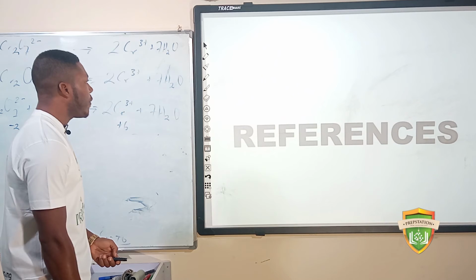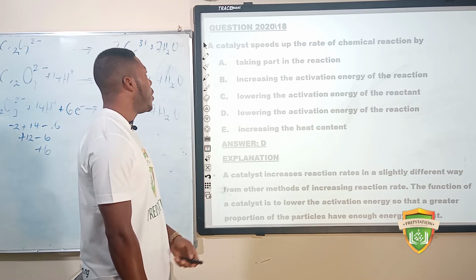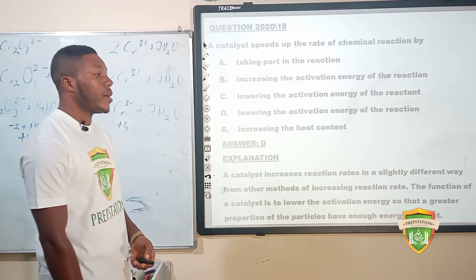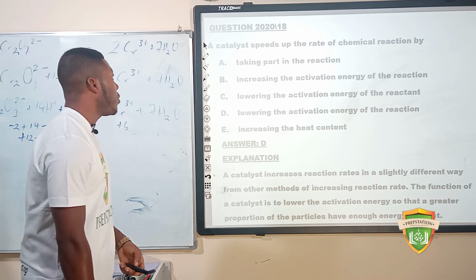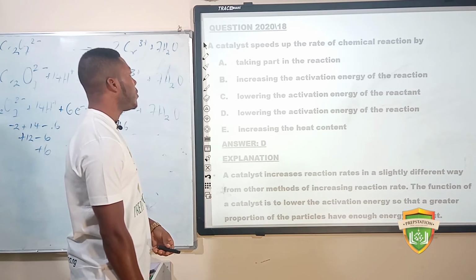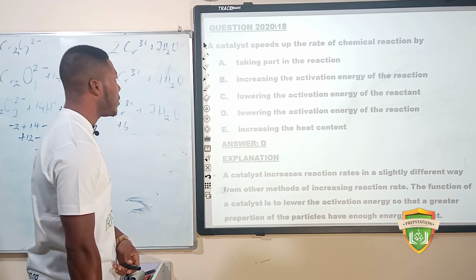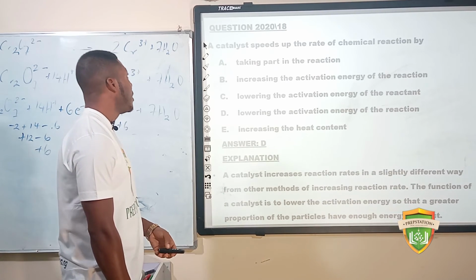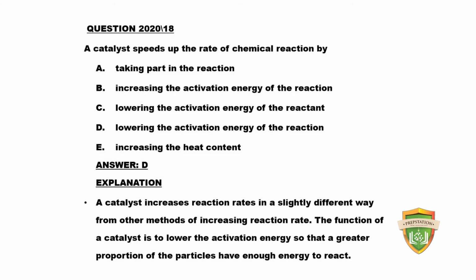Okay, let's look at a few questions under this topic and see how we can answer them. If we check JAMB question number 18 from year 2020, that was last year: a catalyst speeds up the rate of a chemical reaction by A, taking part in a reaction; B, increasing the activation energy of the reaction; C, lowering the activation energy of the reactant; D, lowering the activation energy of the reaction.